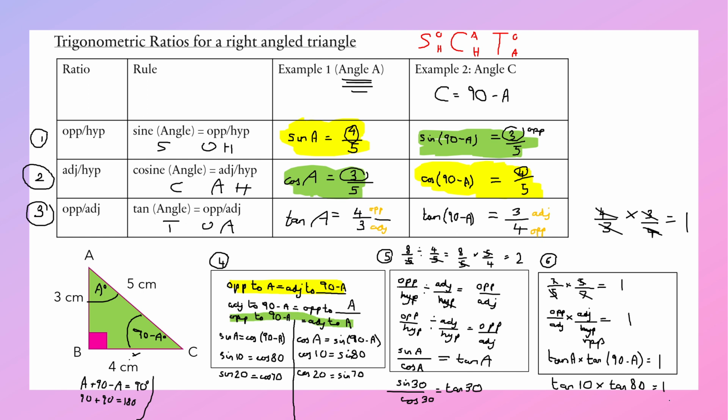Okay? Great. So I think we have 4 rules. So, the sine A equals cos 90 minus A, cos A equals sine 90 minus A. These two are the same, basically. We have sine A over cos A equals tan A. And we have tan A times tan 90 minus A equals 1. So what I'm saying is that all these relationships exist.